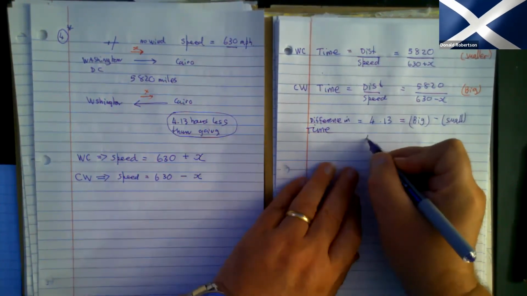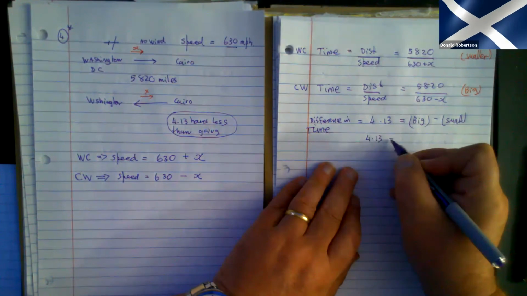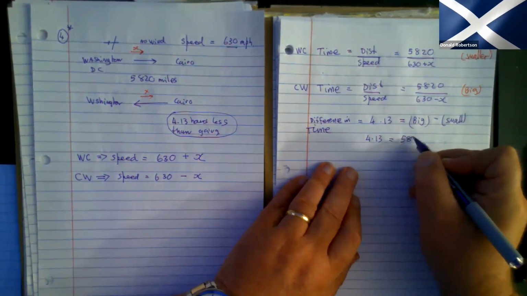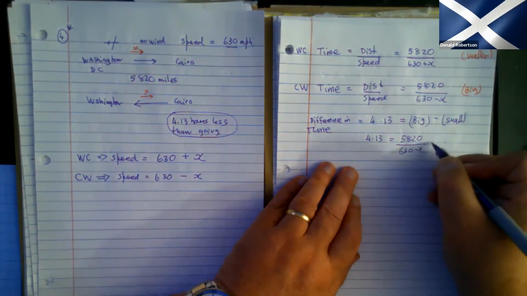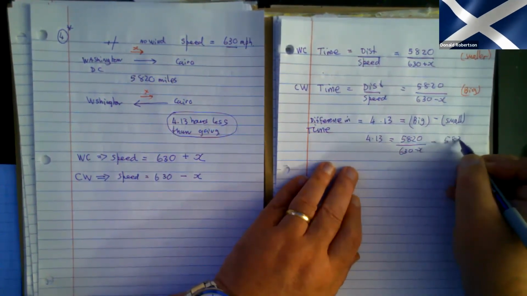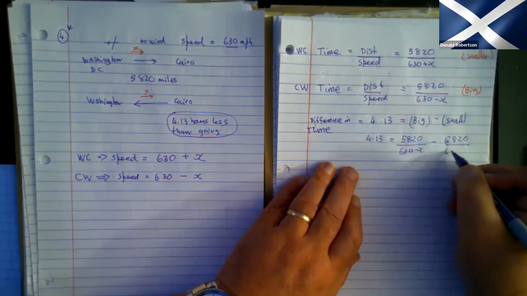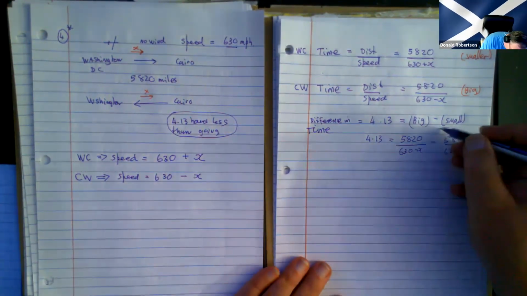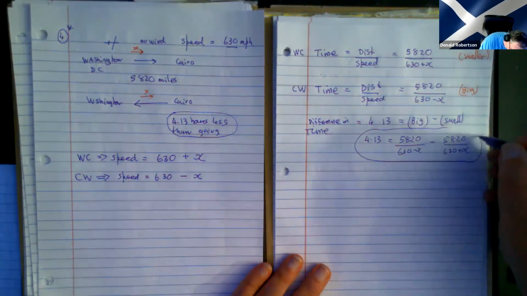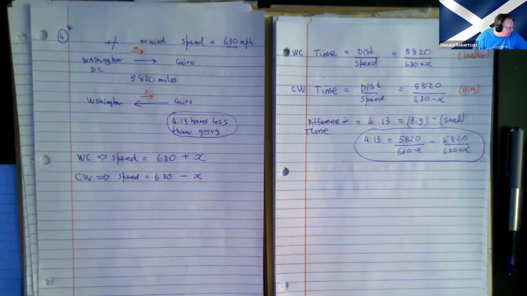So I now have 4.13 equals that guy take away that guy. And we have now got one of the really ugly equations to deal with.